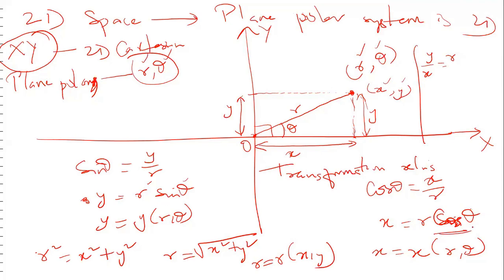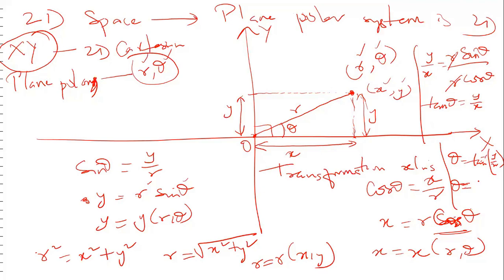This and this cancel out, so tan theta is equal to y upon x, and from here you can write theta as tan inverse of y upon x, which means theta is a function of x and y.